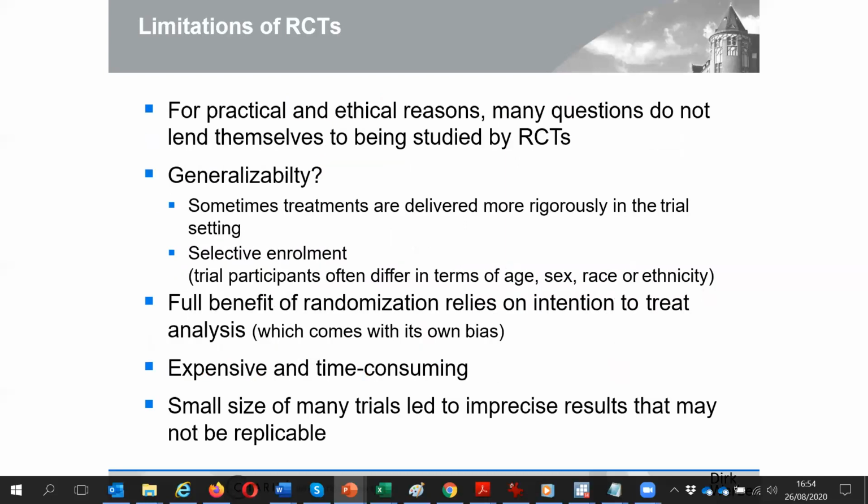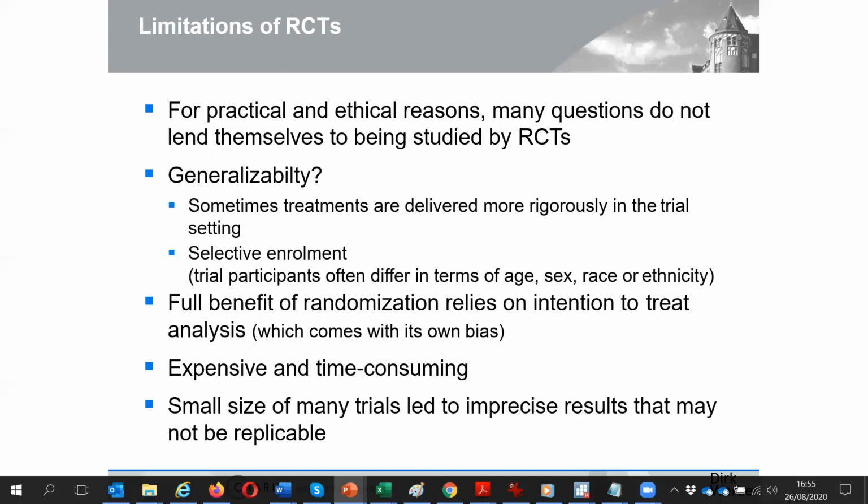What are the limitations of RCTs? Issues of ethics, and I think we've discussed that. For practical and ethical reasons, many questions cannot be studied by RCTs. Then at times it is difficult to generalize the results. Why? Because usually for RCTs there's selective enrollment, based on whatever criteria are used.